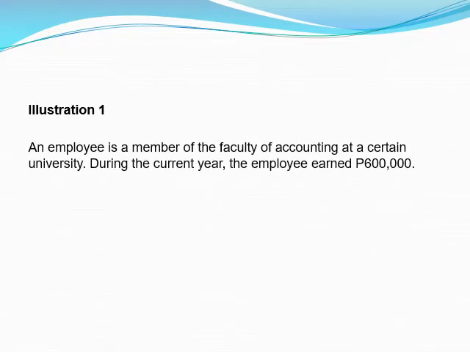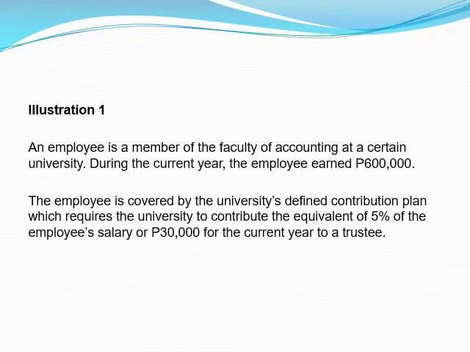So for our illustration, an employee is a member of the Faculty of Accounting at a certain university. During the current year, the employee earned 600,000 pesos. The employee is covered by the university's defined contribution plan, which requires the university to contribute the equivalent of 5% of the employee's salary or 30,000 for the current year to a trustee.